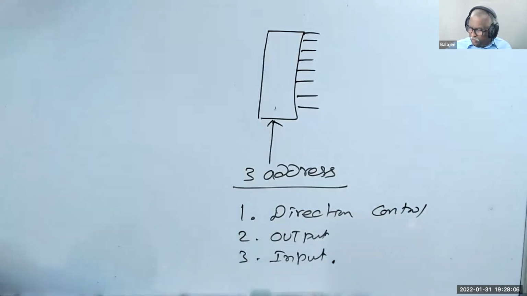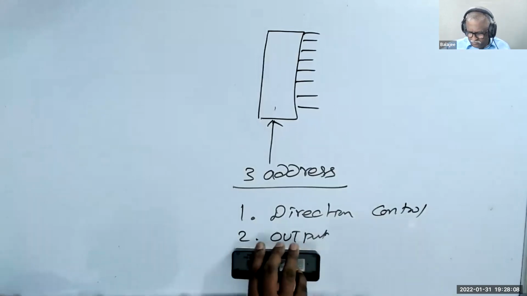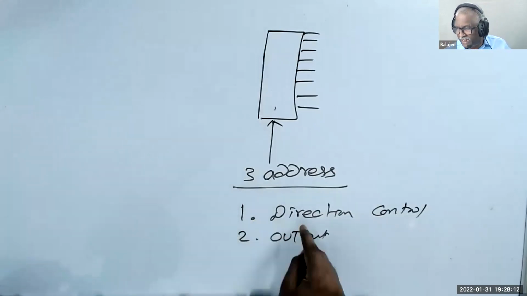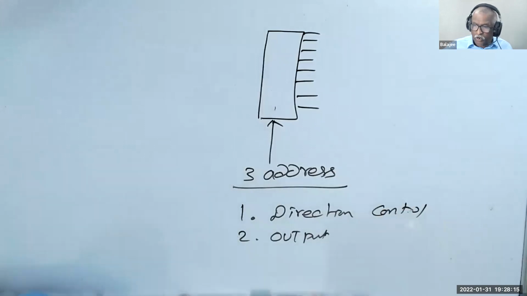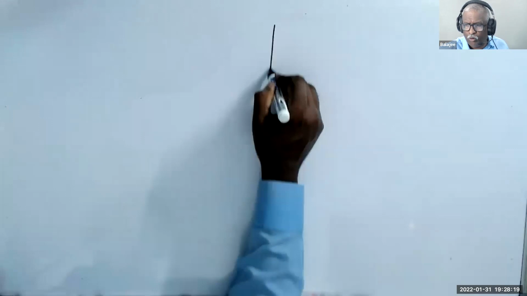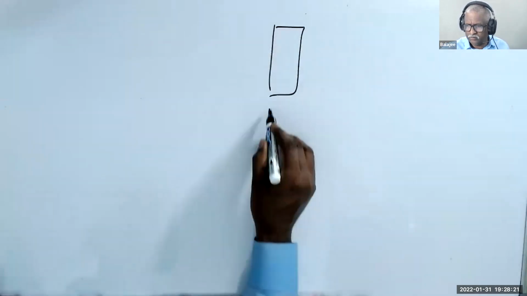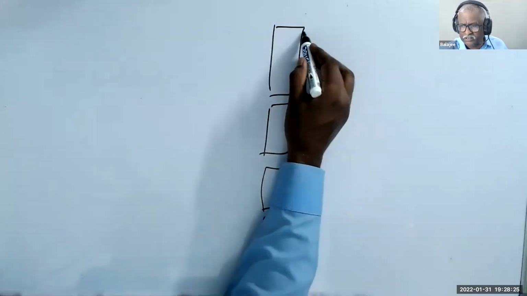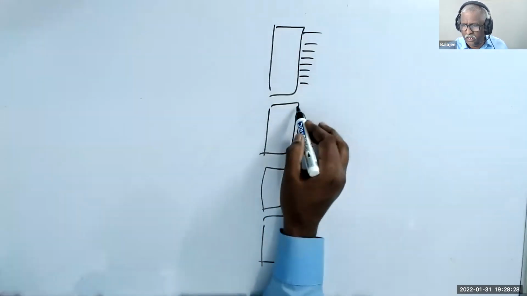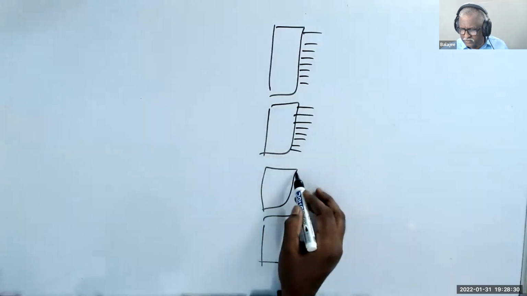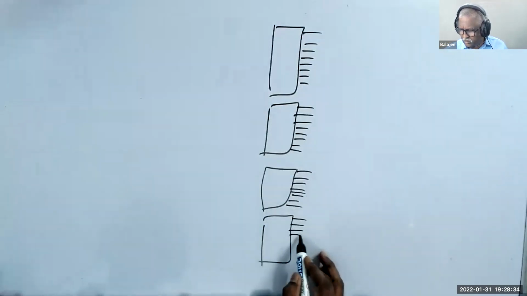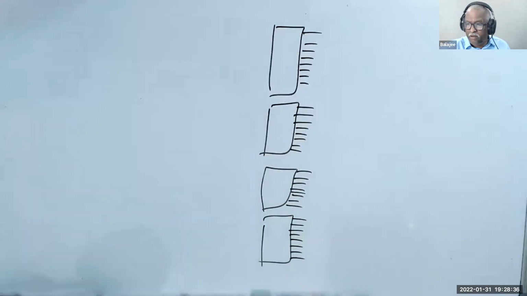Right now we are not worrying about input, so we'll discuss that later. For example, if I have a microcontroller with 4 ports, that means I have 32 pins, and I can configure any port.